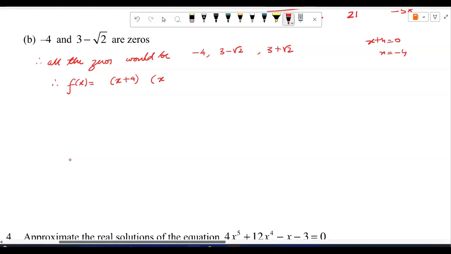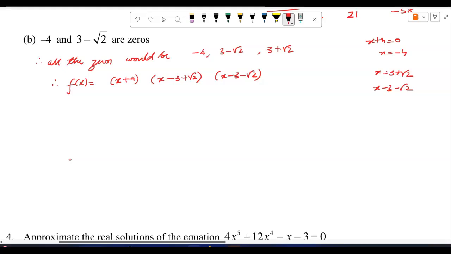And then (x plus 3 minus square root of 2). Reverse the signs. And then (x minus 3 minus square root of 2).